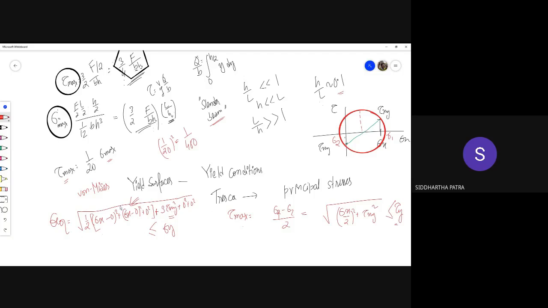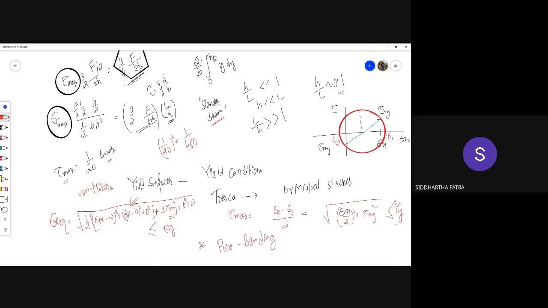And then you can practically neglect tau xy in our calculation. Not just at the maximum bending moment, anywhere in our calculation. So we are simply using the pure bending assumption.